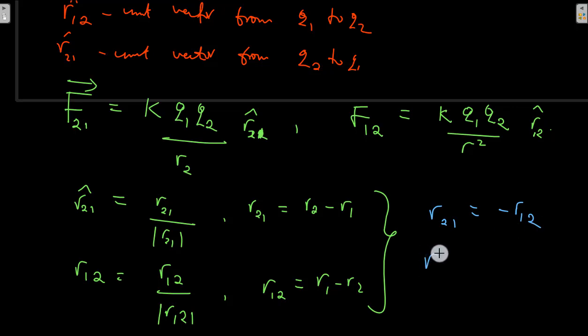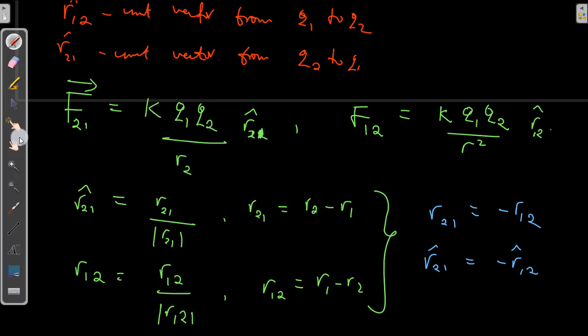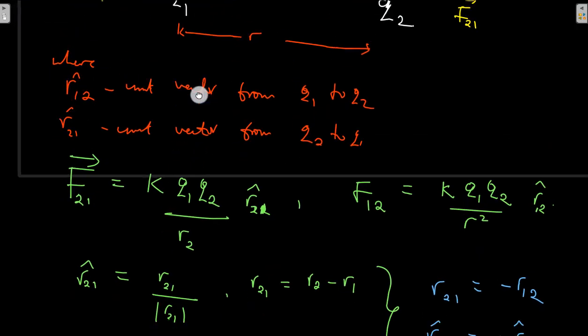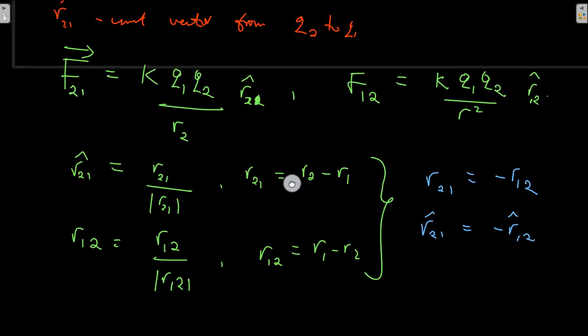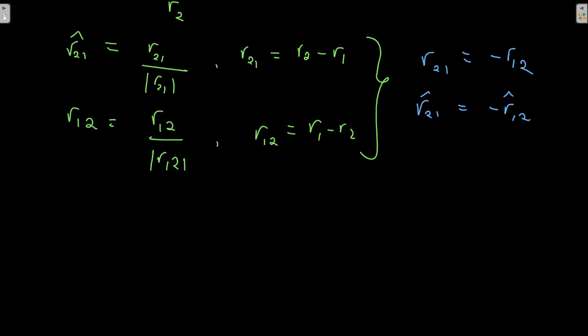That means R cap 21 is also equal to negative R cap 12. Let us substitute these two expressions into the formulae for electrostatic force that we have just stated, this and this. Okay, so there we go. I rewrite them again.